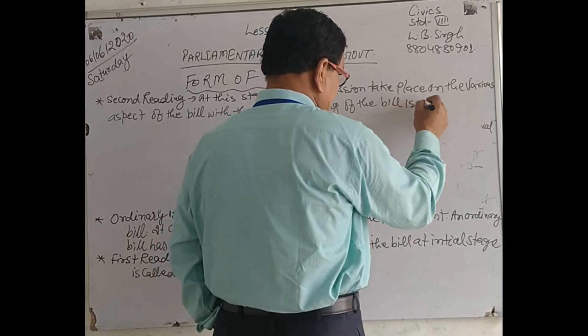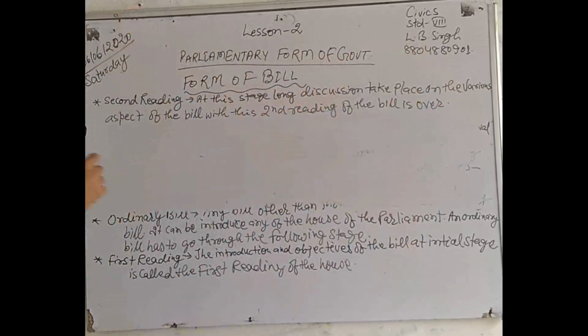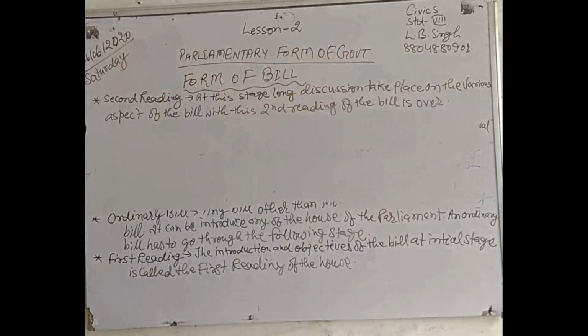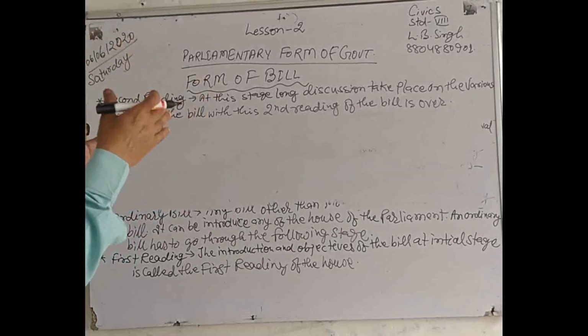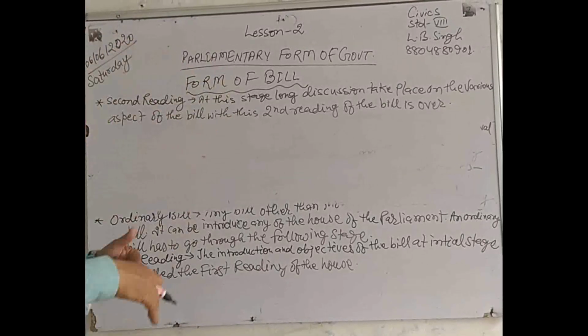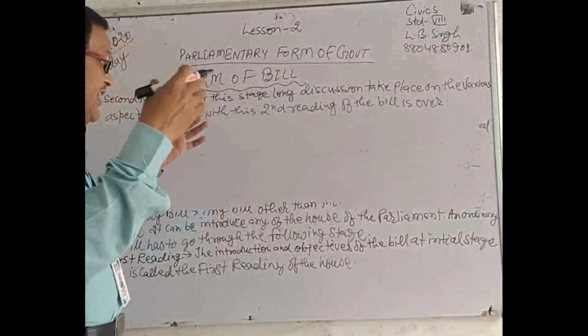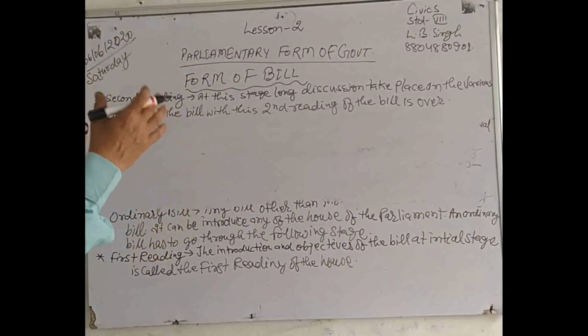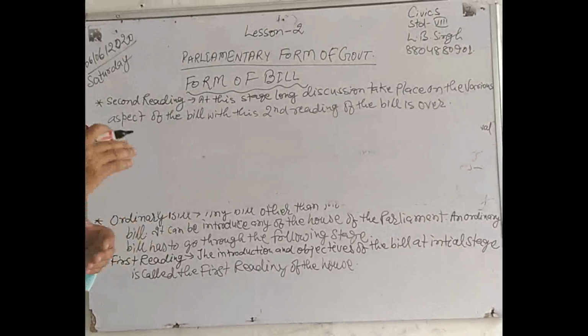That means after the first reading of the bill by the person producing it, there is a great discussion in the house on all details regarding that bill, which is called the second reading.